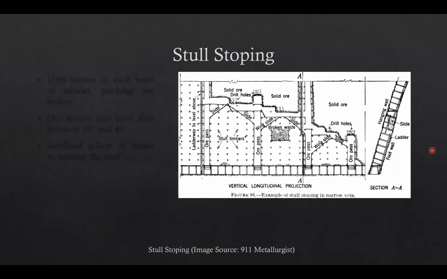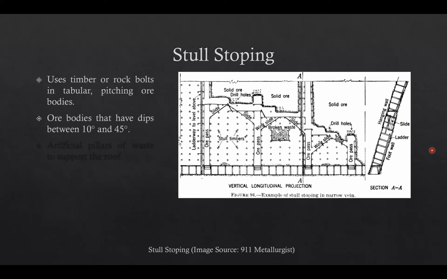Next one is stoping. It is also similar to stair set because it uses timber for the support, but it can use rock walls as well in some tabular or pitching ore bodies. Ore bodies that have dips between 10 degrees and 45 degrees are mostly mined out using stoping instead of stair set stoping.